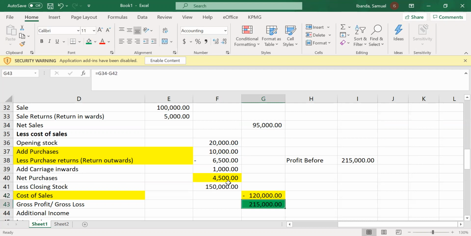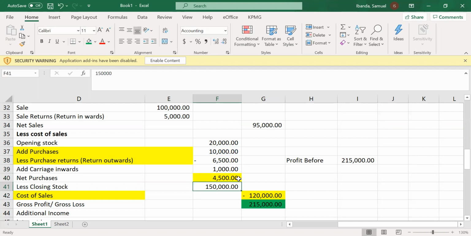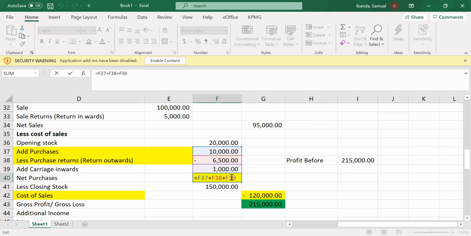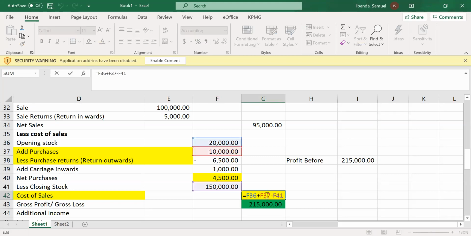Let me try to change my formulas a little here. First, wait, I try to see what I'm trying to do.